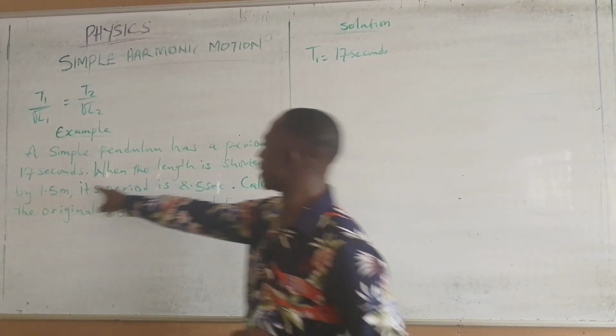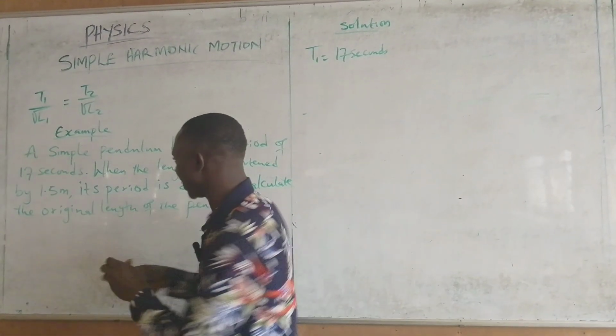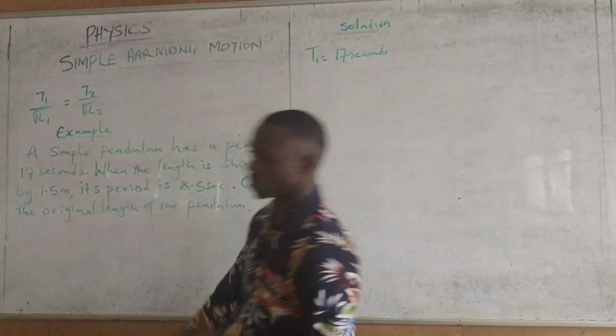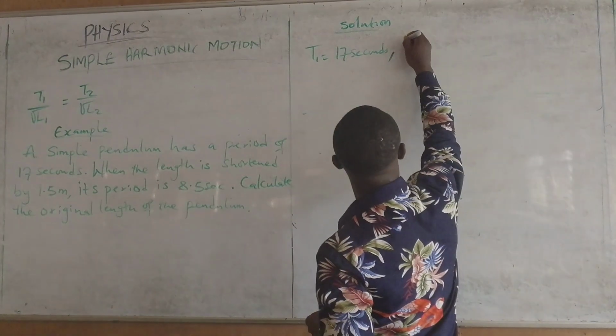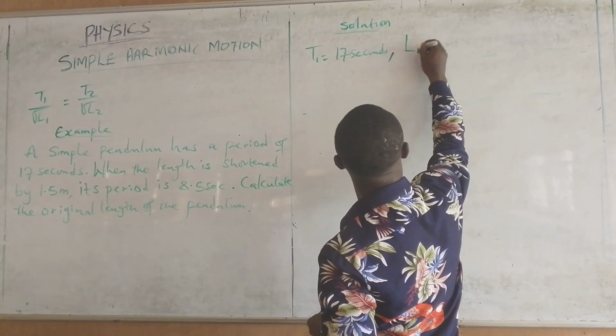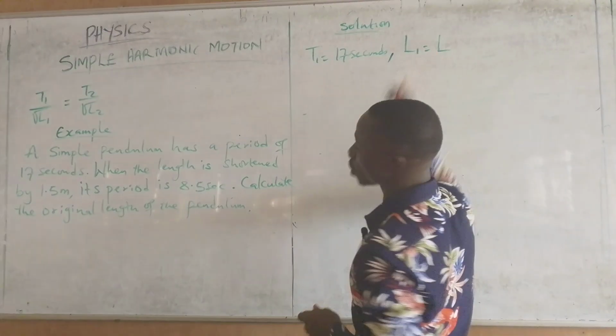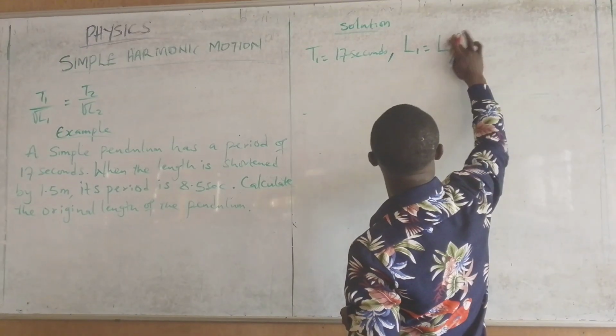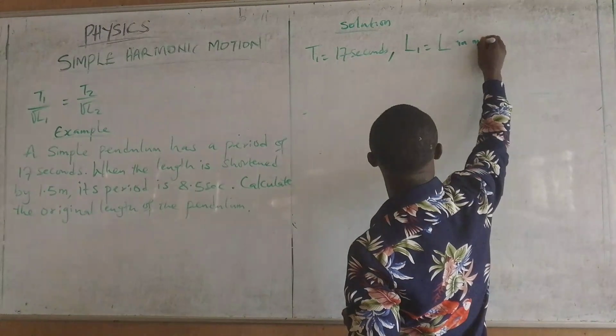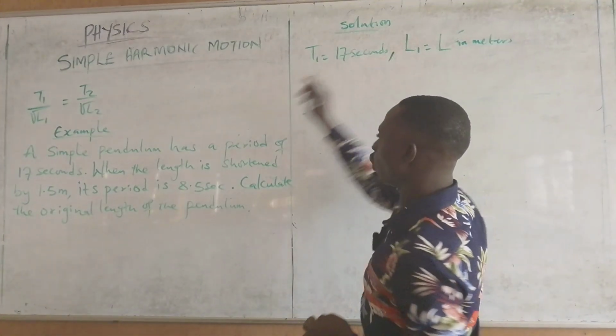Now, what length is shortened by 1.5 meter? The original length, the length that gave us this 17 seconds, which you don't know. So let's just call it L, in meters.